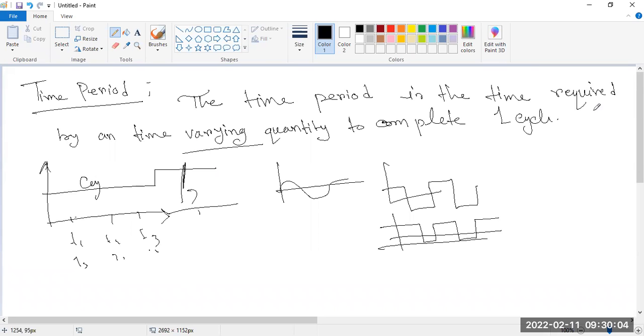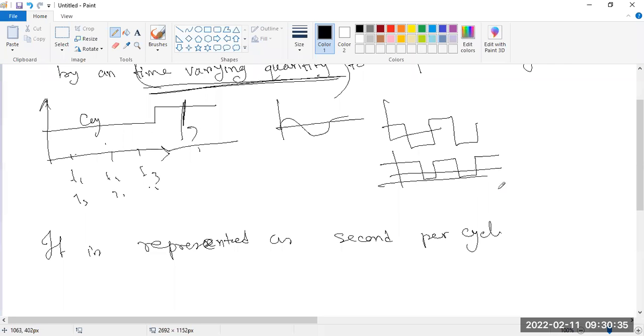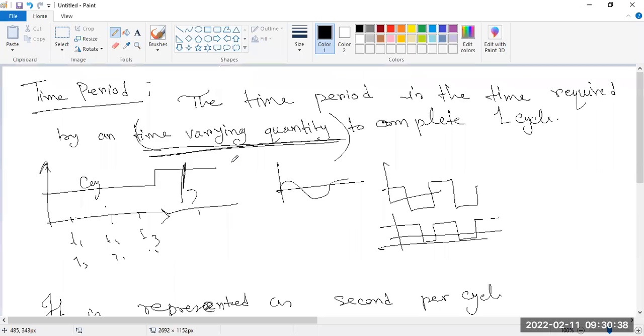Time period is the time required by a time varying quantity. Time varying quantity, just remember this. You may get puzzled by this type of signal. So it is second per cycle. Just brush up your previous knowledge.